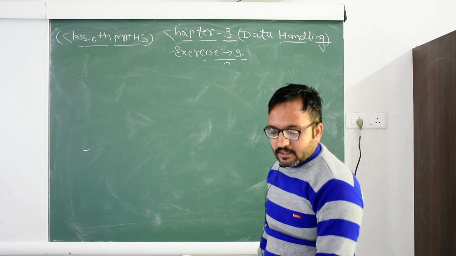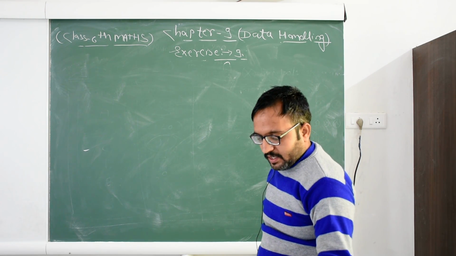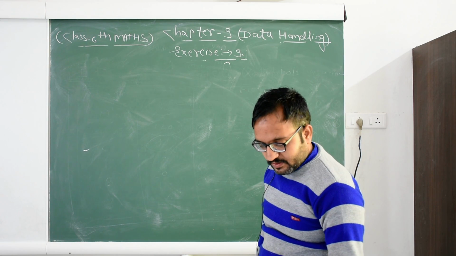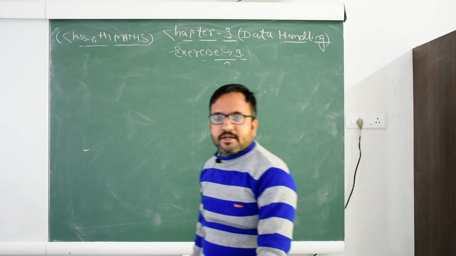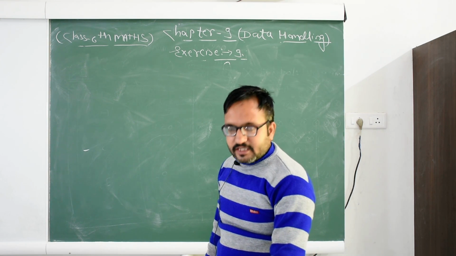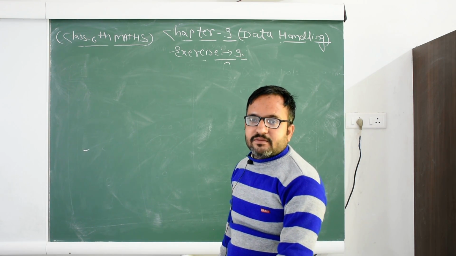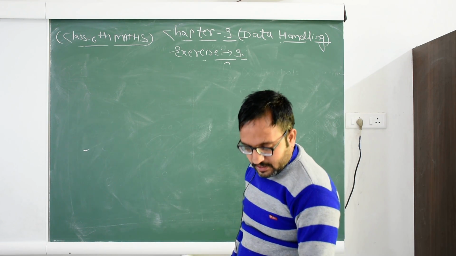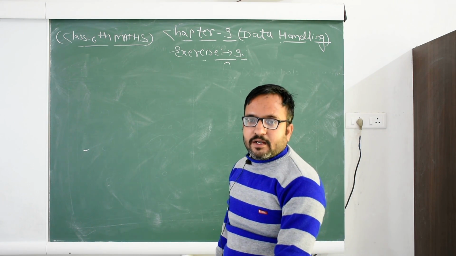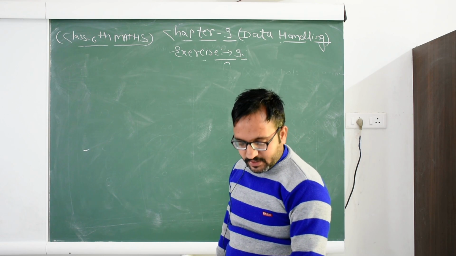Now question number 2, again we have a bar graph, showing the sale of shirts. This bar graph gives the information about the sale of different types of shirts.